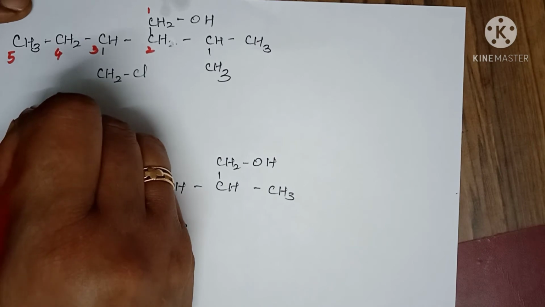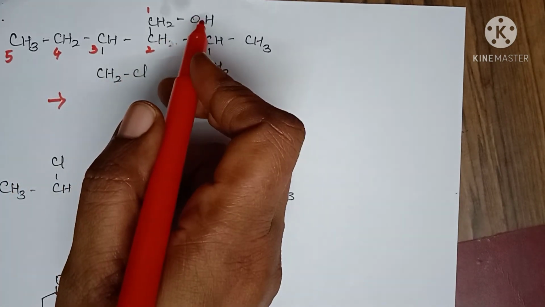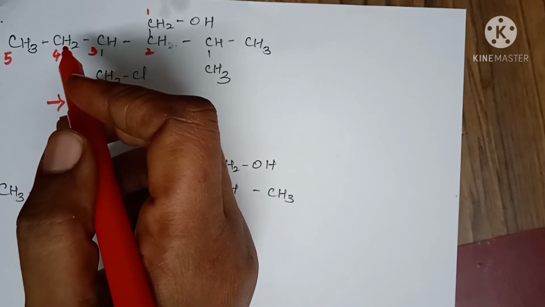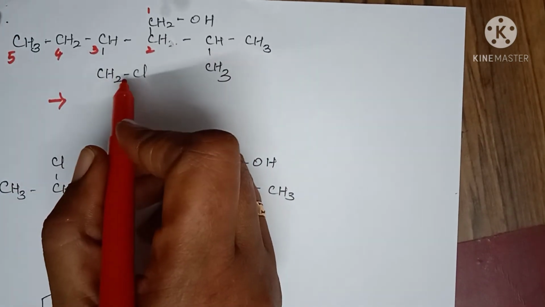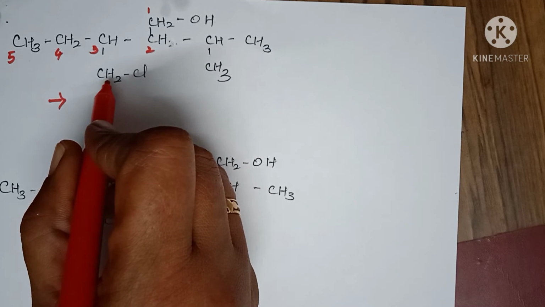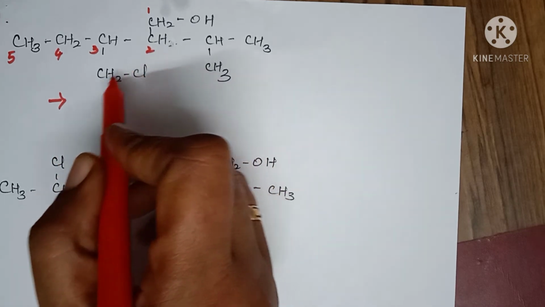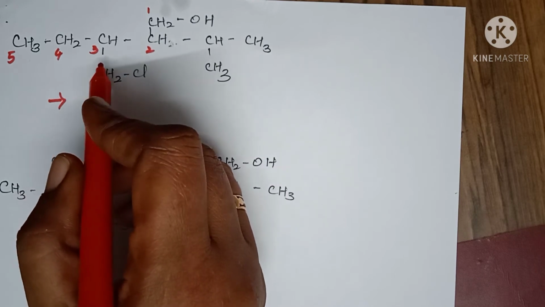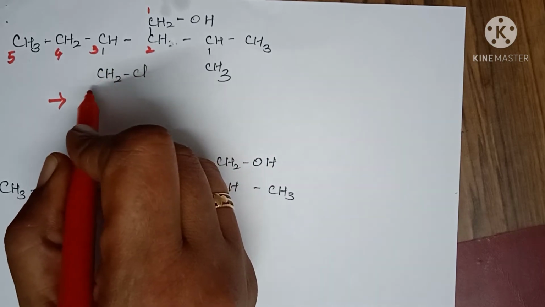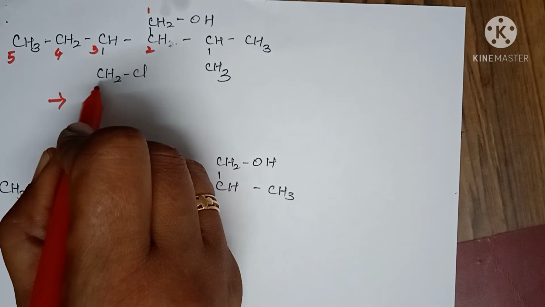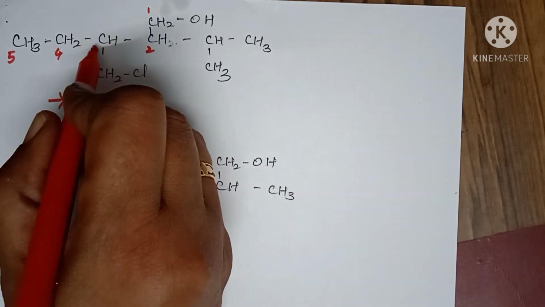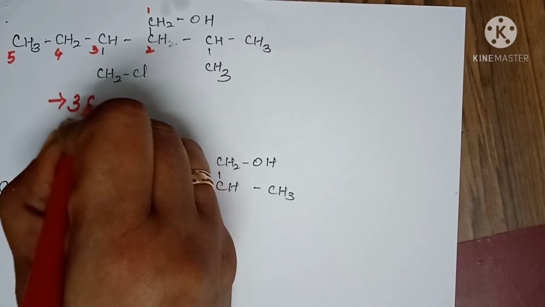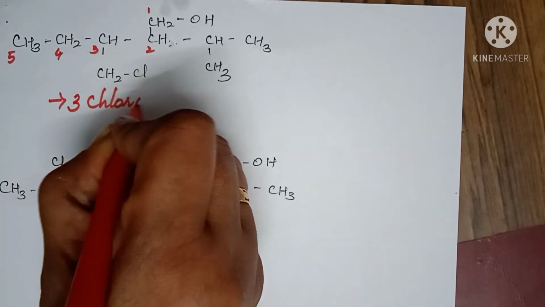First, you have to give the substituent, chloromethyl or methyl chloro. Okay, chloromethyl. In the third carbon only it is attached, no? So 3-chloromethyl.